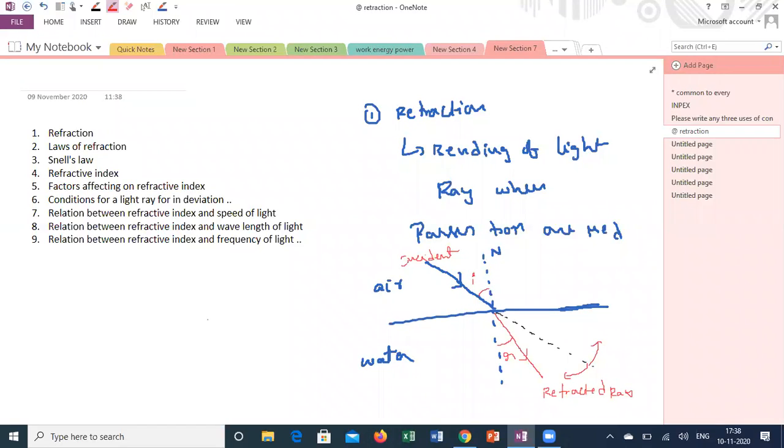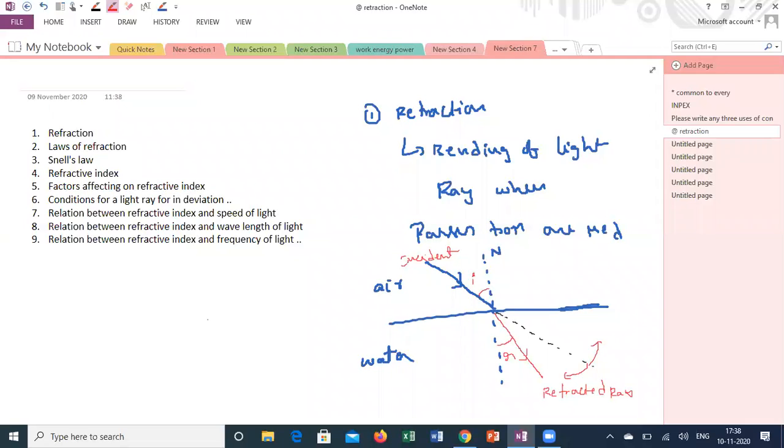Now, what are the laws of refraction? The incident ray, the refracted ray, and the normal at the point of incidence of two transparent media all lie in the same plane.